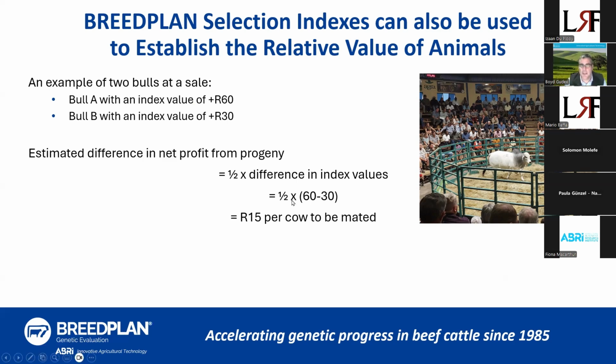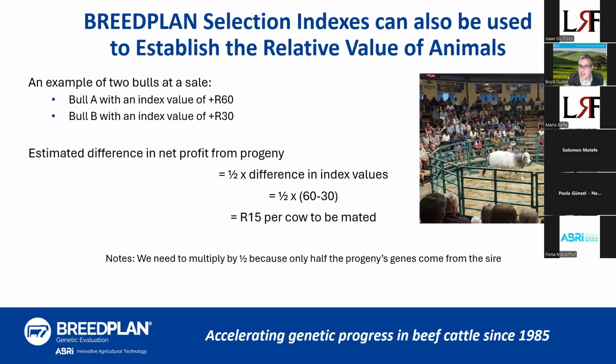So there'd be half times 60 minus 30, which comes out at that 30 I talked about. That would mean 15 Rand per cow mated is what we would expect bull A to be worth to you compared to bull B.